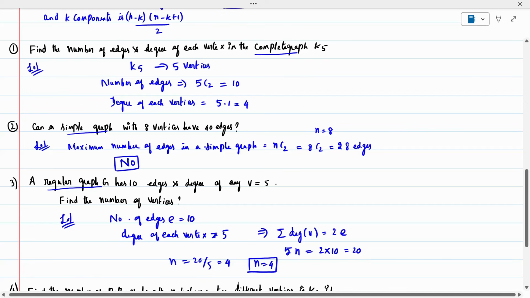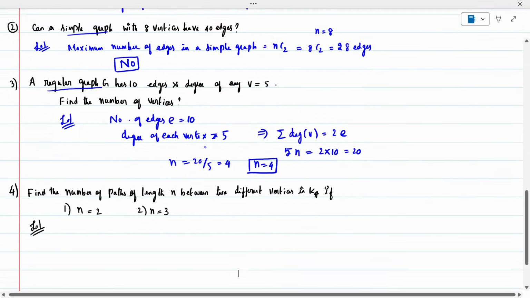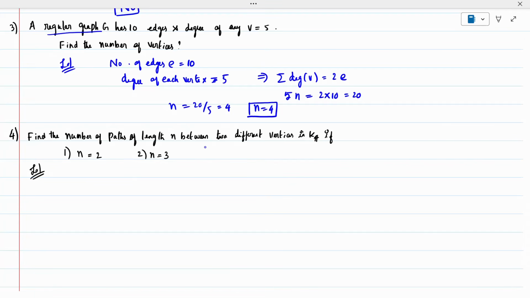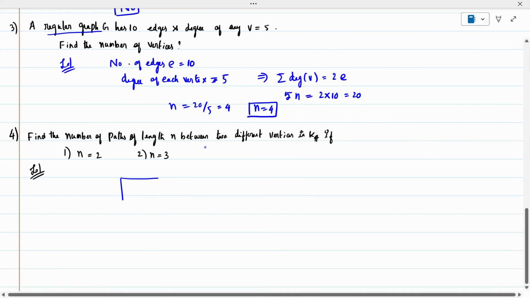Okay, the last question. Find the number of paths of length n between two different vertices in K4, if two subdivisions have been given. Before going with that, first we need to draw the K4 diagram. So I will draw K4.